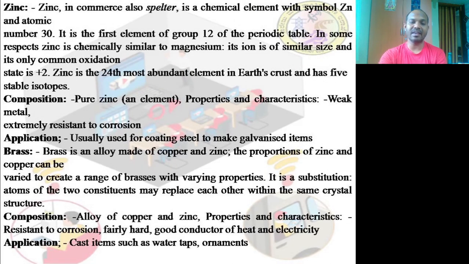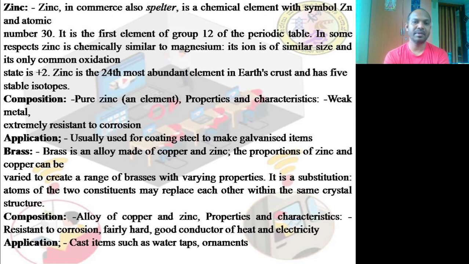And then zinc. Zinc is commercially also called spelter. It is a chemical element with the symbol Zn, and its atomic number is 30. It is the first element of group 12 of the periodic table. In some respects, zinc is chemically similar to magnesium, Mg.